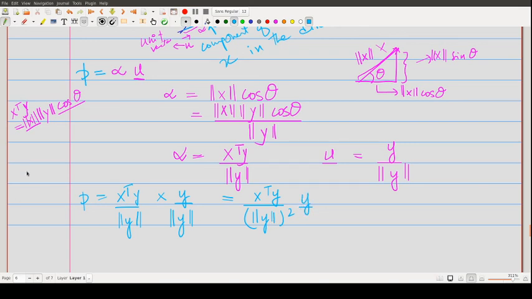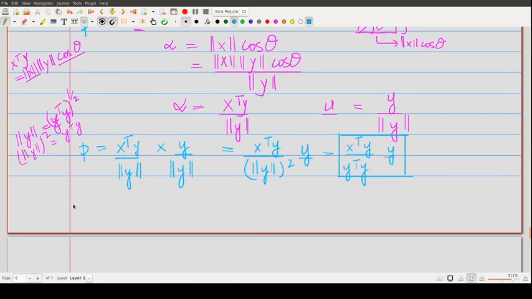And notice magnitude of y is simply y transpose y raised to the power half. So if you square it, that's just y transpose y. And so P is simply x transpose y divided by y transpose y times y. And so this is vector P.